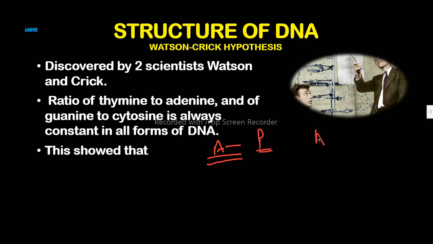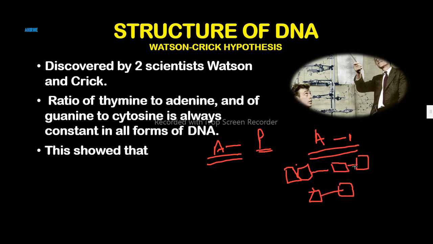Now, if purines paired with purines, and adenine paired with adenine, and pyrimidines paired with pyrimidines, then the distance wouldn't be the same. Because if you have this double ring structure pairing with a double ring structure, okay, and then here you have a single ring pairing with a single ring, it would create confusion.